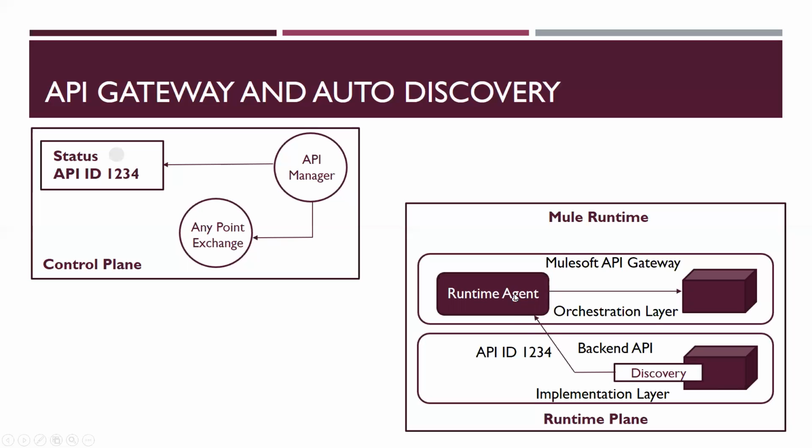It will take this and give it to the control plane API Manager, asking it to map this API proxy with this component.